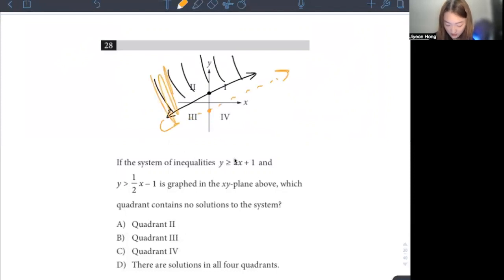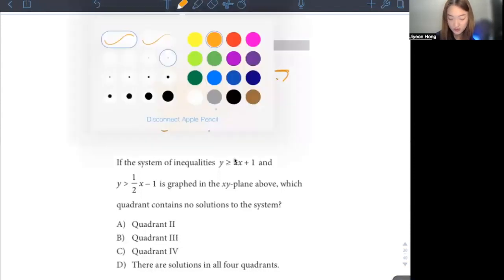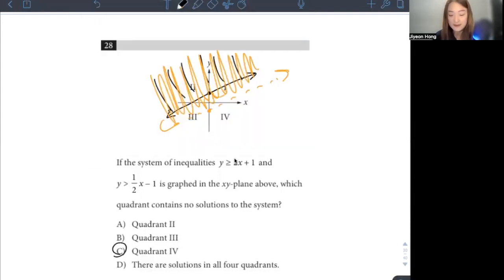And so where we see this overlap is, yes, the orange solution reaches quadrant 4, but the black solution never reaches quadrant 4. We want to see which surface area is overlapped by the two inequalities, which is why our answer is quadrant 4, since that's where there is no solution set for both overlaps of the inequalities.